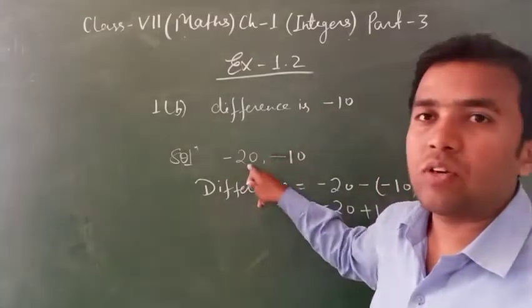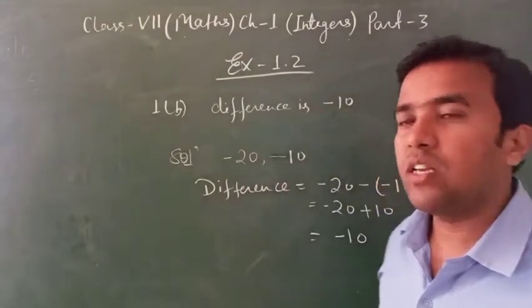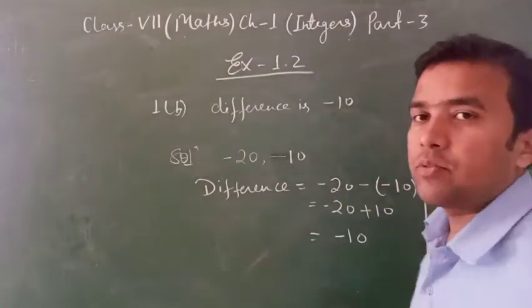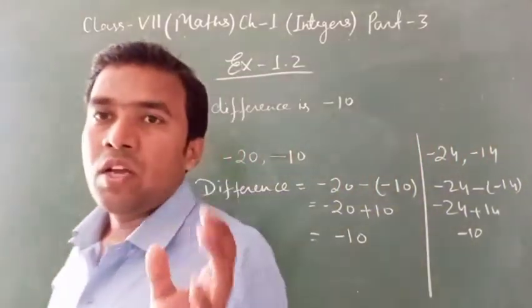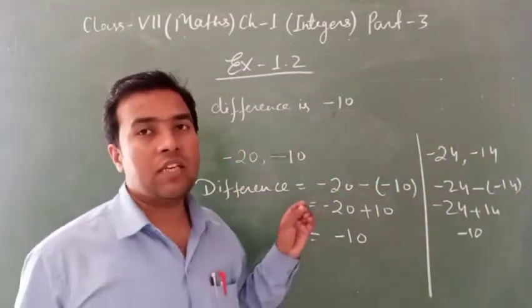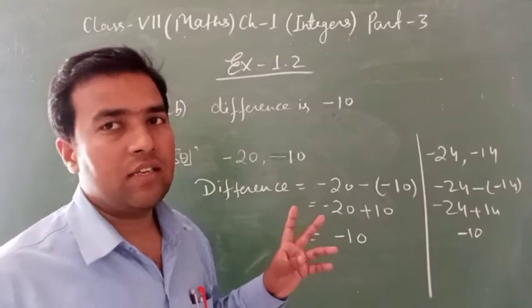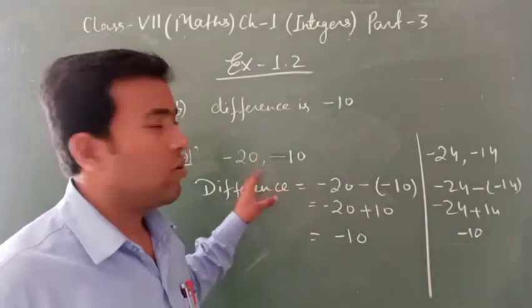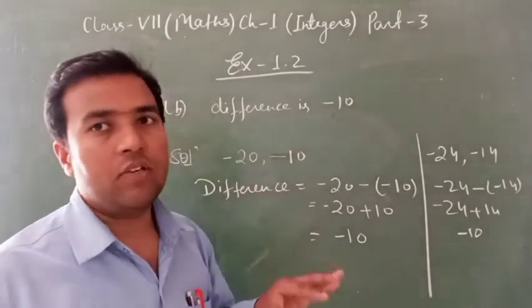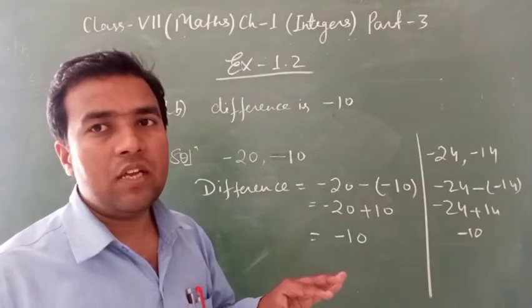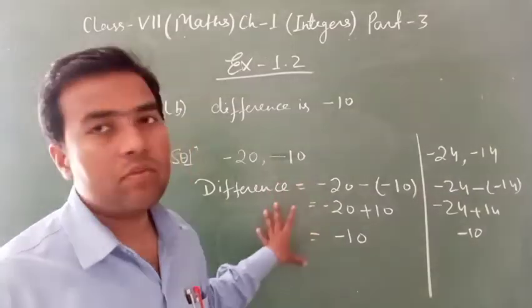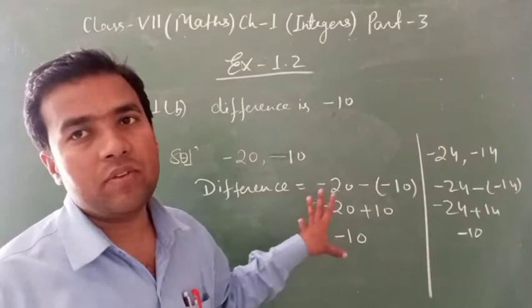So -20 and -10 we have taken, and -24 and -14 we have taken. But if you want to think of any other numbers, you can take them. It is not necessary to use what I have written. But the concept will not change.